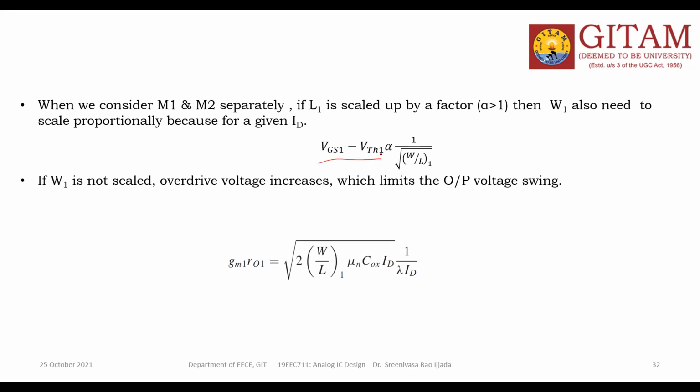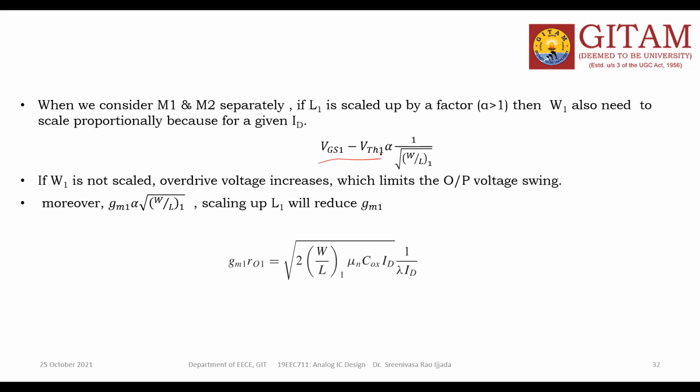So to avoid any output voltage swing problem, W1 and L1 of the NMOS device should be scaled proportionally. For a fixed value of ID, if you do not do that, it will affect the overdrive potential, and then definitely at the output you will get a voltage swing problem.